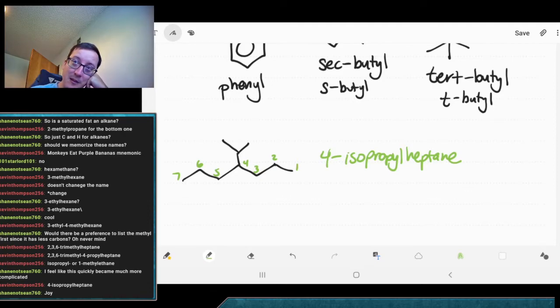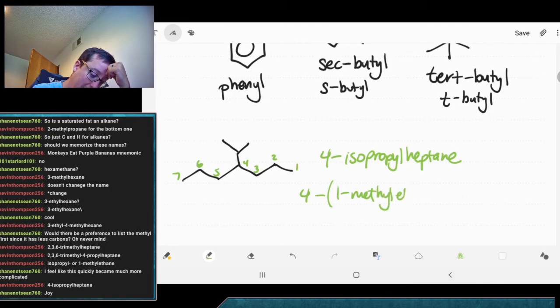Though, if you really want, Kevin did suggest an alternative name, which is just as acceptable. We could have called this 4-(1-methylethyl)heptane. I need to write the 1 there. I need to learn to spell as well.